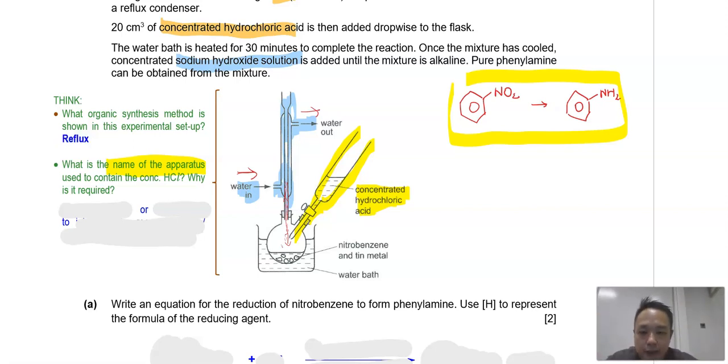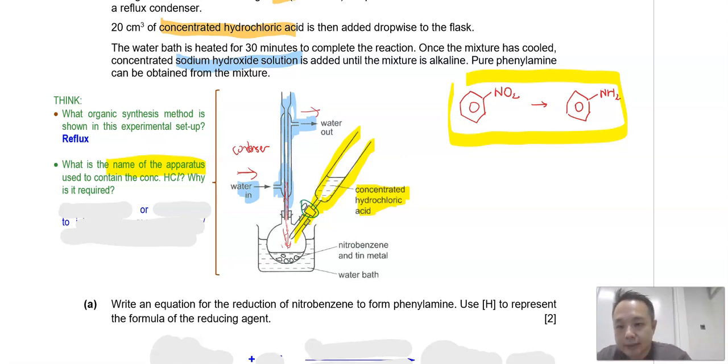So to have a reflux setup, basically we put a condenser on top of a reaction flask. Alright, so the water goes in to cool down the vapor so that it recollects back. And then we have this apparatus on the side which contains concentrated hydrochloric acid. You basically have this tap thing to control the flow rate.